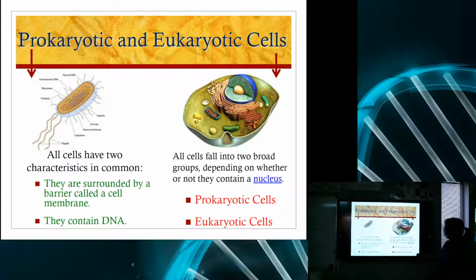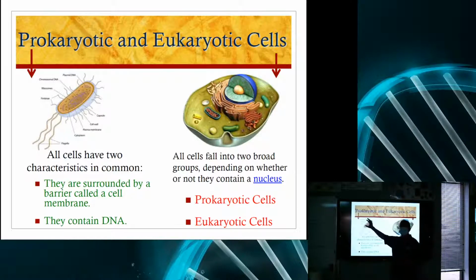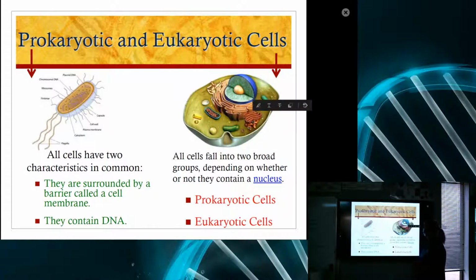What it's going to come down to is prokaryotes do not have a nucleus. So we say no nucleus, no membrane-bound organelles. Eukaryotes do have a nucleus. They do have membrane-bound organelles, and we've been going through all those organelles.